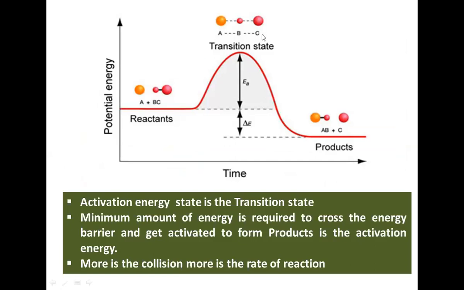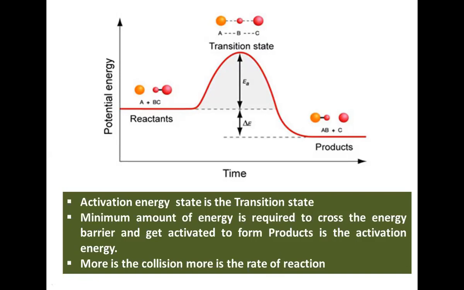See here, this is a transition state where the enzyme and substrate molecules react first, then after that it goes to formation of an enzyme substrate complex. The minimum amount of energy is required to cross the energy barrier if the reaction is catalyzed.